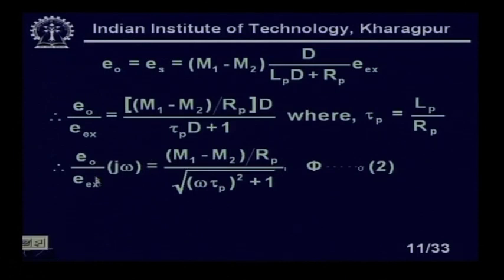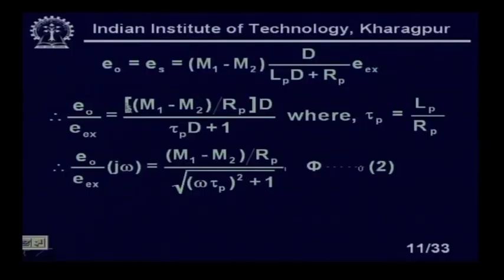Now, E naught by Ex: where is the x, where is the position? The position is inside M1 and M2, because these are directly proportional to the position of the core. M1 and M2 directly depend on the position of the core, so the output voltage also depends on the value of M1.